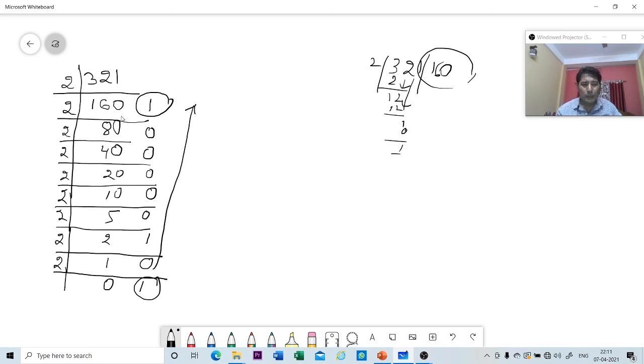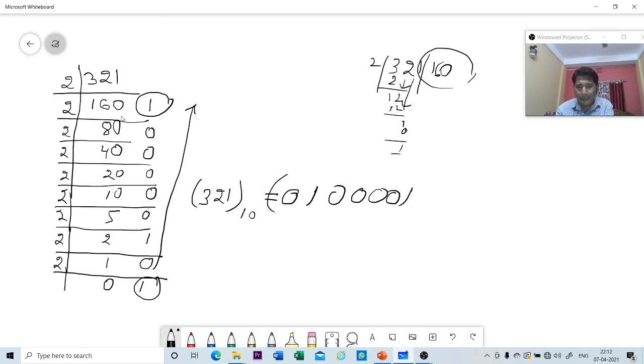So what we have to do is we need to arrange all these remainders in the reverse order, that is from bottom to top. So the equivalent binary number for the decimal number 321 will be 0 1 0 0 0 0 1.